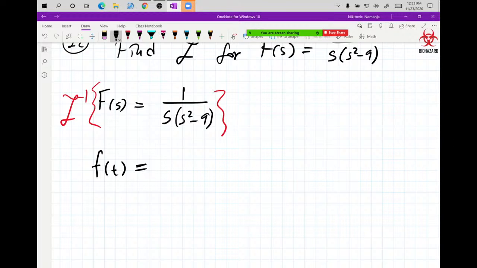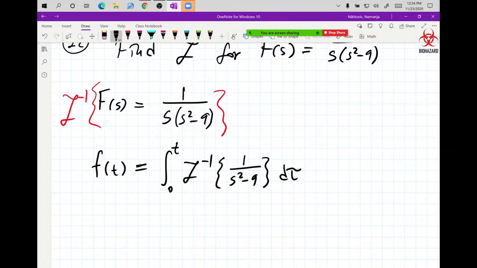So what I can do here is I can write it as the integral, right? So this is going to be the integral from 0 to t of the inverse Laplace of the leftover, 1 over s squared minus 9, d tau.